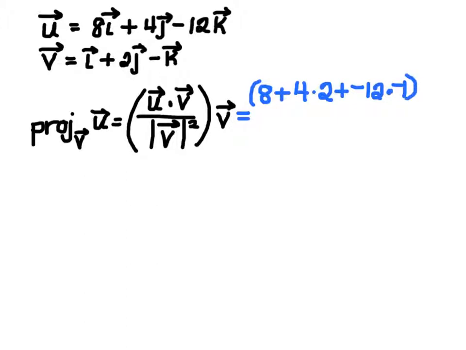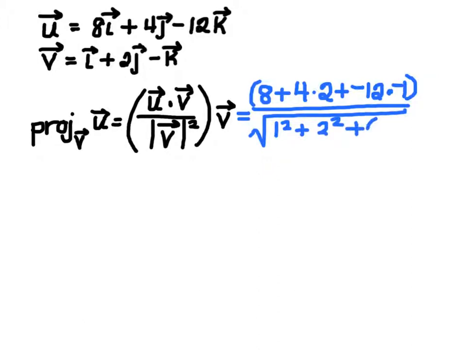And that's going to be over the square root of, and this is now where you have to find the magnitude of V, so the square root of 1 squared plus 2 squared plus a negative 1 squared, and then all of this is then squared, and then this is multiplied by vector V.